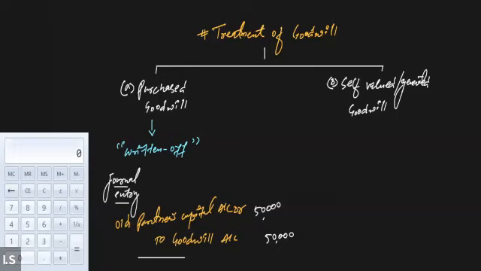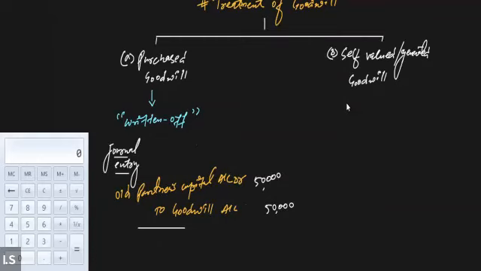Okay. Let me tell you one more time. See, goodwill is of two types. It could be purchased goodwill, or it could be self-valued goodwill. Let's first of all talk about the treatment of purchased goodwill. If purchased goodwill is being shown in the books of account and reconstitution is taking place, then the rule of reconstitution says that you need to write it off and distribute it among the partners, right?